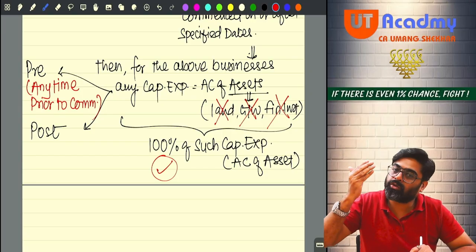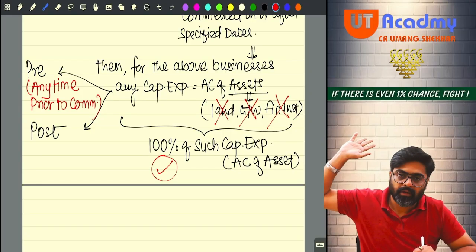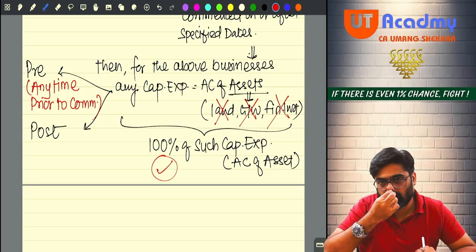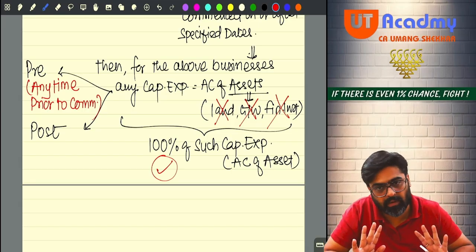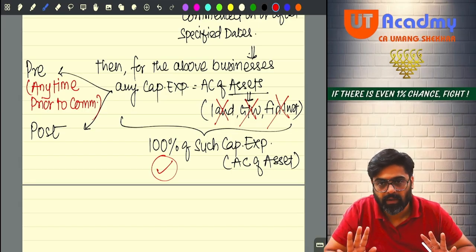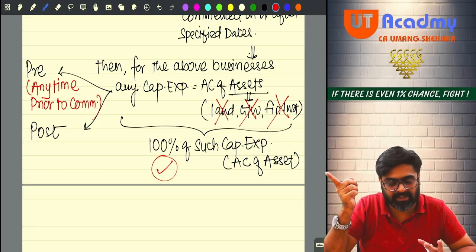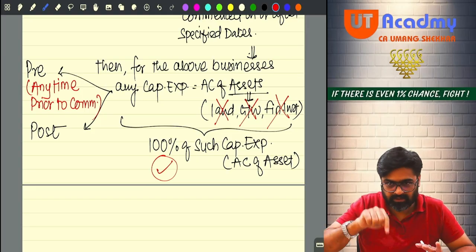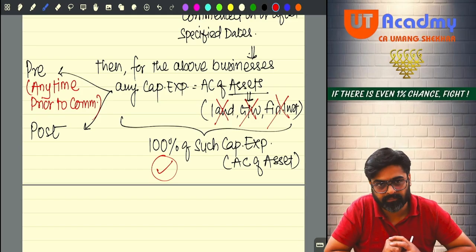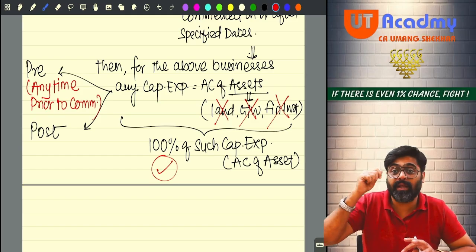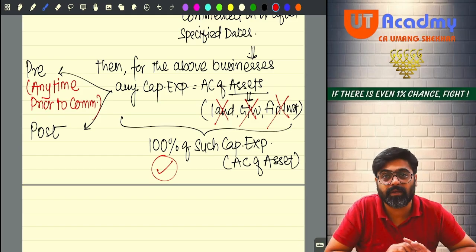So prior to 1st June 24, whenever any capital expenditure is incurred, all such capital expenditures will be covered. Don't worry. Unlike that 3 years restriction, that will not be applicable over here, which is applicable in scientific research capital expenditure, pre-commencement. Getting my point? Everyone, please wait.